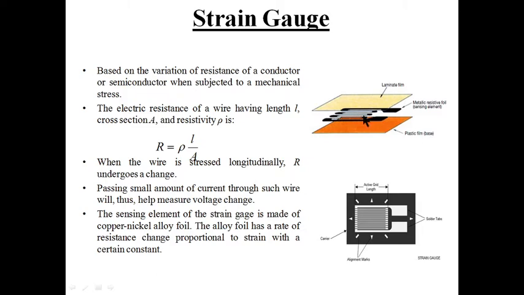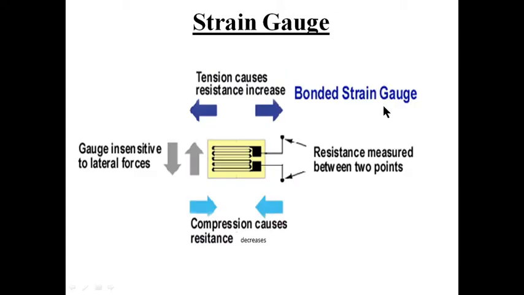This is the diagram of the strain gauge. You can see this is the wire, and these are the two terminals of the wire. This is the resistance measured between the two points.